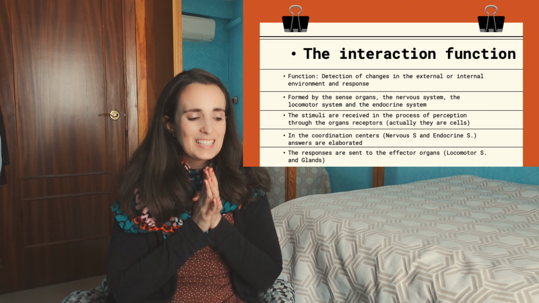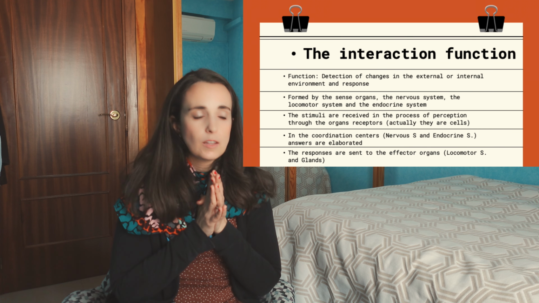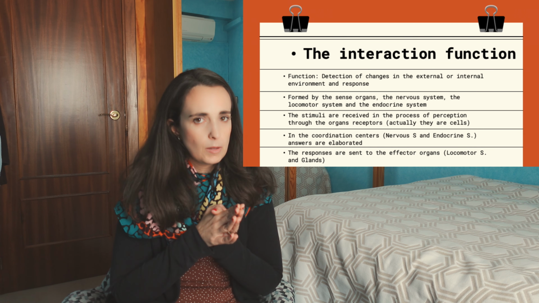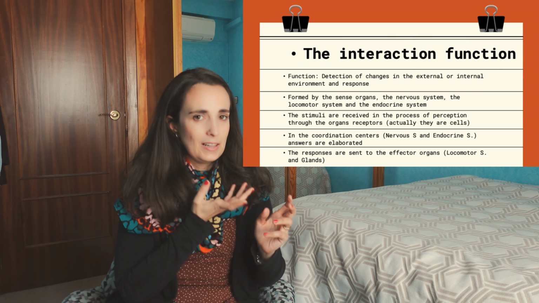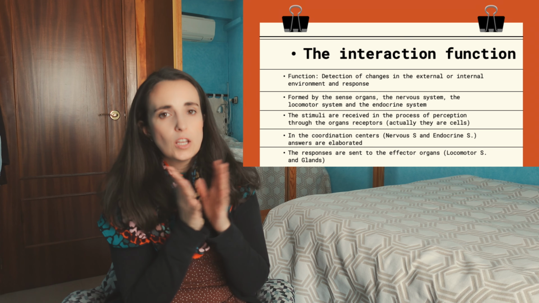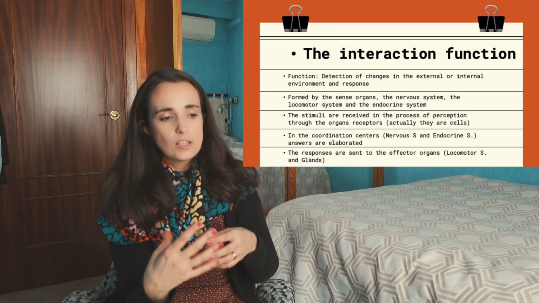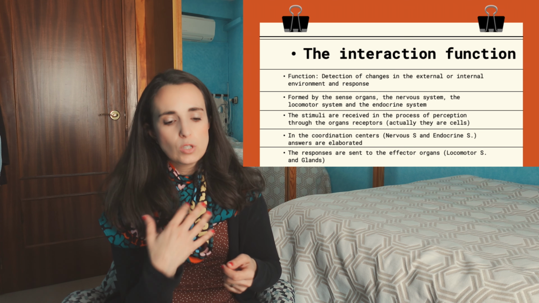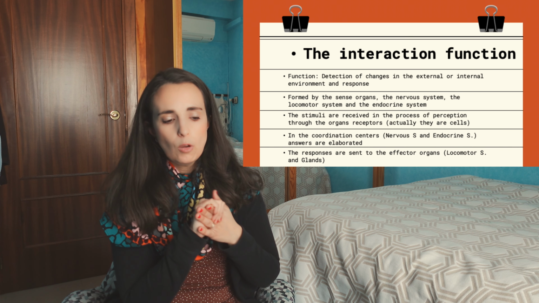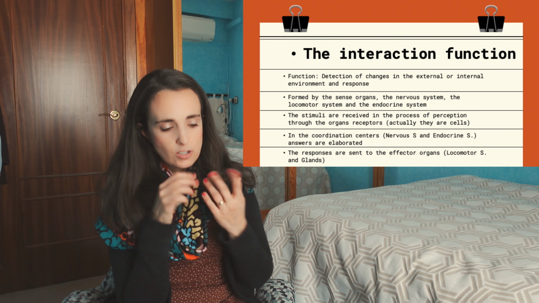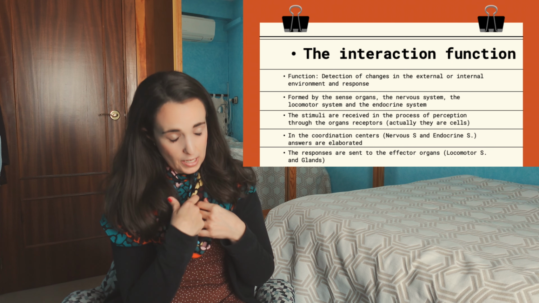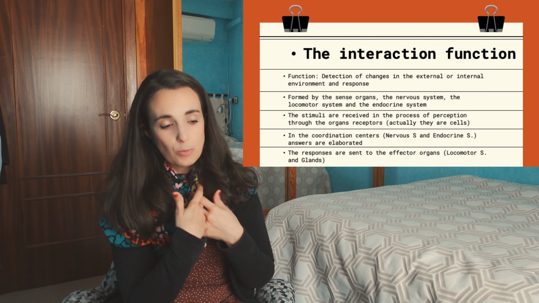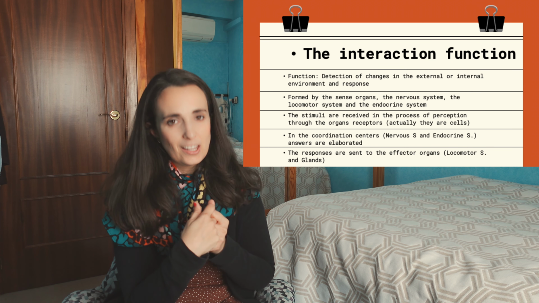In the very end, the endocrine system depends on the nervous system, but usually they work independently. So when we want to answer to an external stimulus, we will use the nervous system. When we want to answer to an internal stimulus, generally we will use the endocrine system.